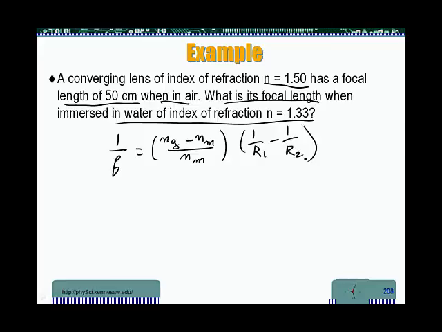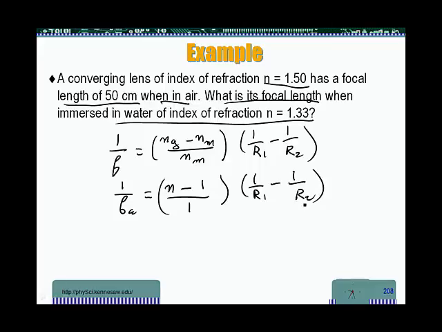Okay, now we know the focal length when it is in air. So let's write the equation for when it is in air. So this is f air. That's going to be ng, which is in this case just n, the 1.5, minus 1, over 1, times 1 over r1 minus 1 over r2.